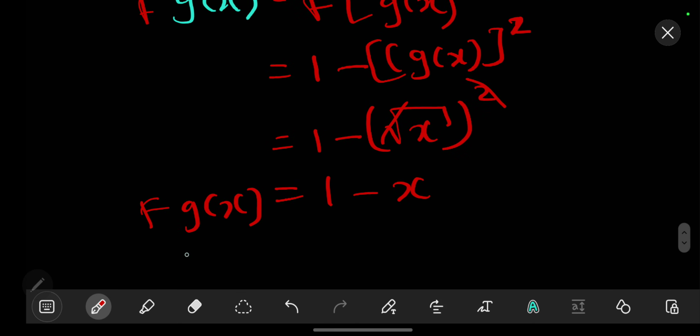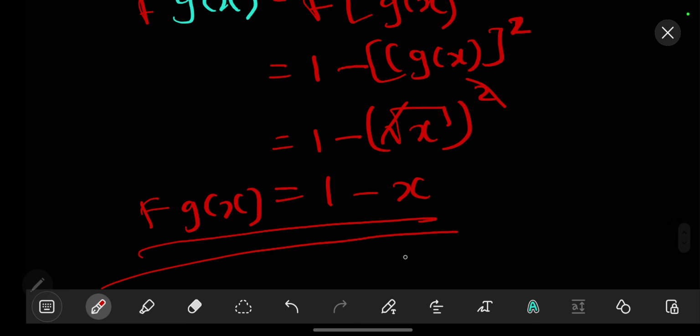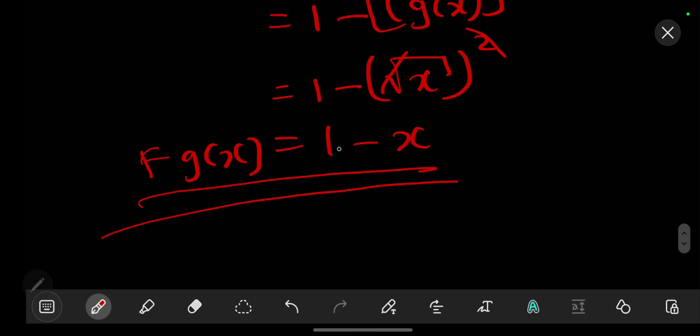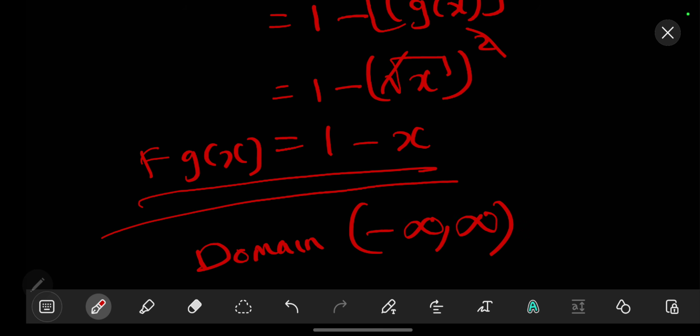So this is how we go about that. As you can see, this is a linear equation, and the domain of a linear equation is always -infinity to +infinity, like that.